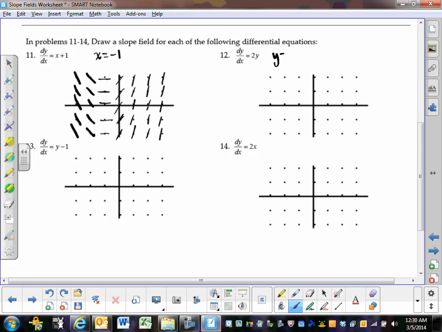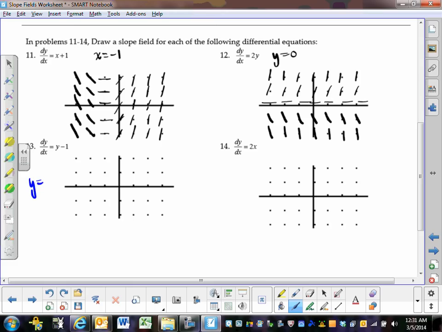If I let y equals 0, I have a 0 slope. If y equals 1, I have a slope of 2. And then it would be 4. So notice they simply got steeper. At negative 1, I would have a slope of negative 2. And then negative 4. And I'm going to use my zeros.